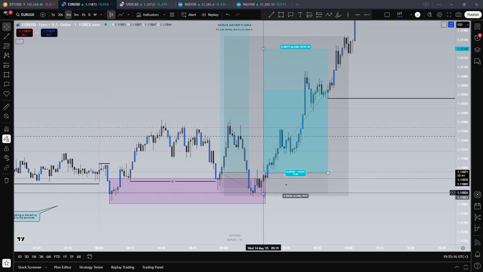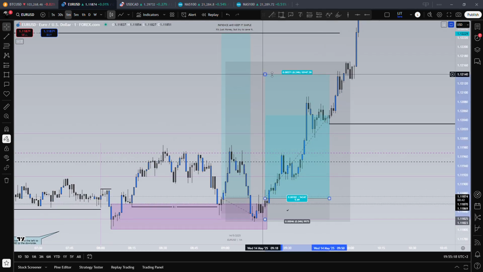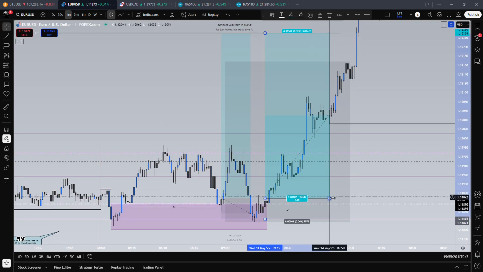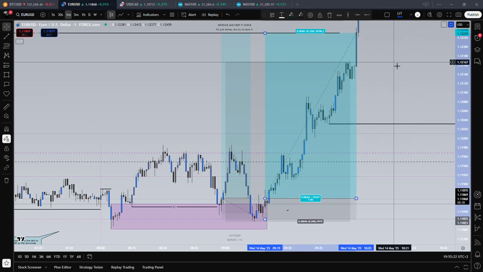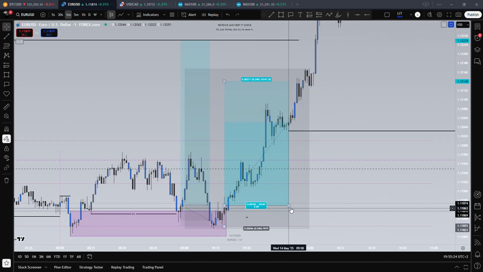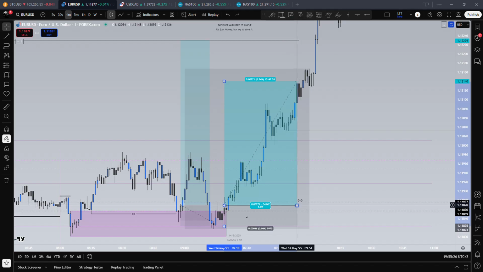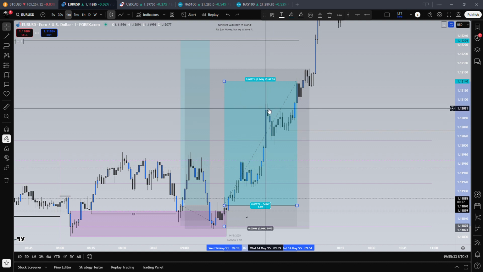Okay, with the stop loss here, and my first TP was up here. Okay, was up there. But well, I closed partial and break even here. Okay, then it went up. I closed another partial here.